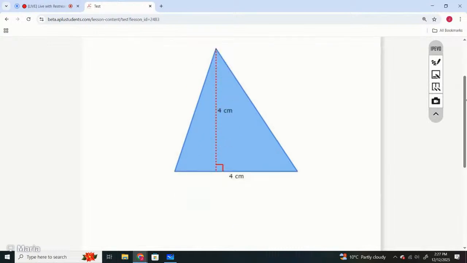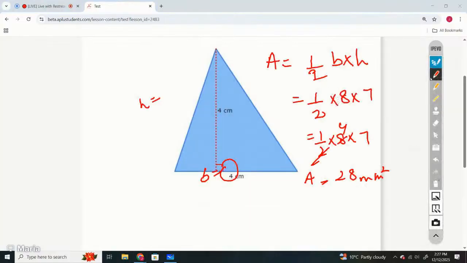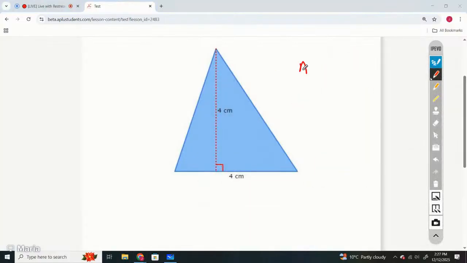What is the area? The area of the triangle is half times base times height. So that is half times 4 times 4. 4 times 4 is 16. 16 divided by 2 is 8.